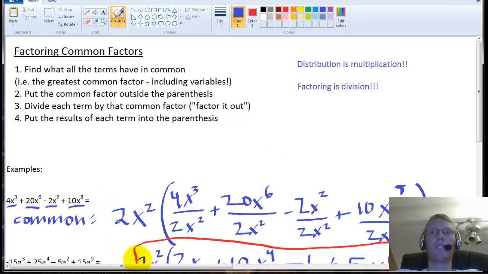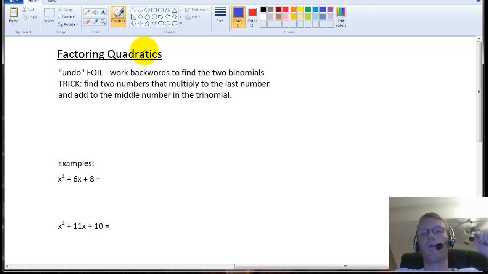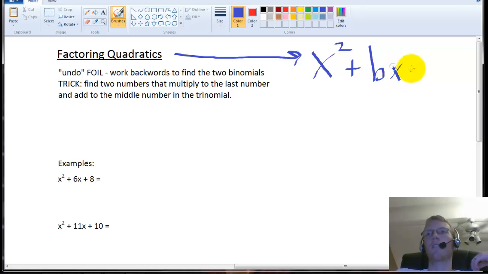Okay, now we're going to look at a second type of factoring, which is factoring quadratics. So a quadratic is a special type of equation that says some x squared plus some number times x plus some number.